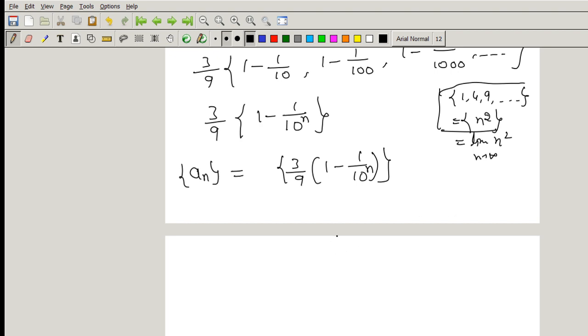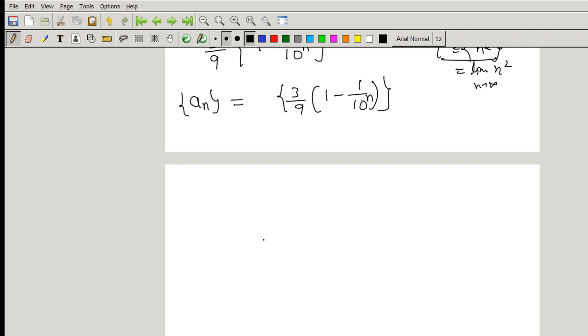This is a general representation of this sequence, 0.3, 0.33 and so on. If there are questions of this form, suppose 0.1, 0.22, 0.222 and so on, we can convert them like this so that we can find out the nth term.